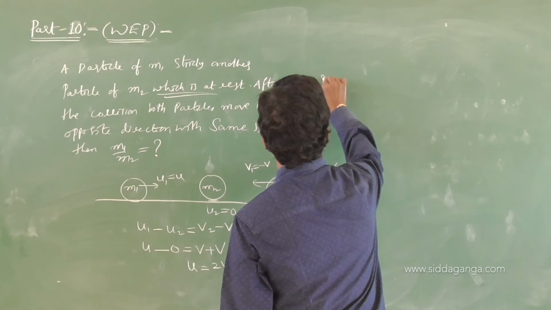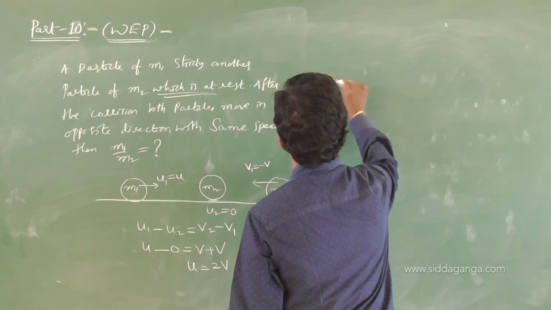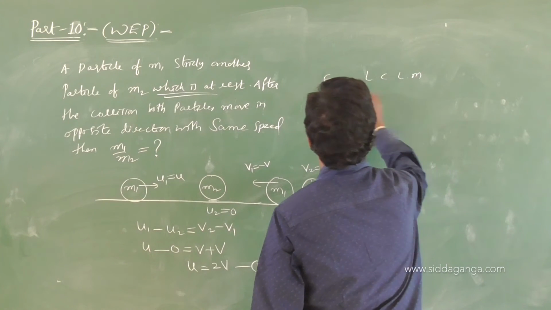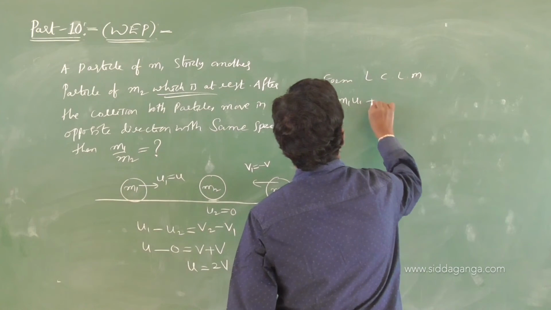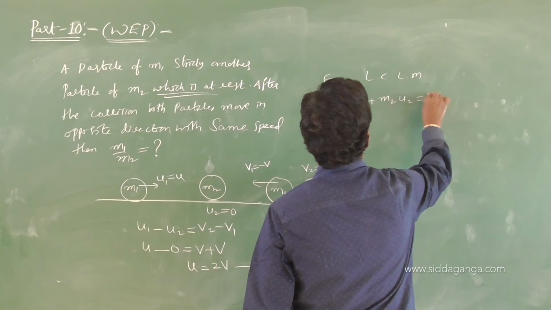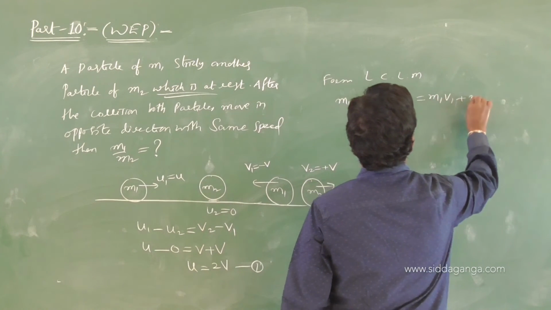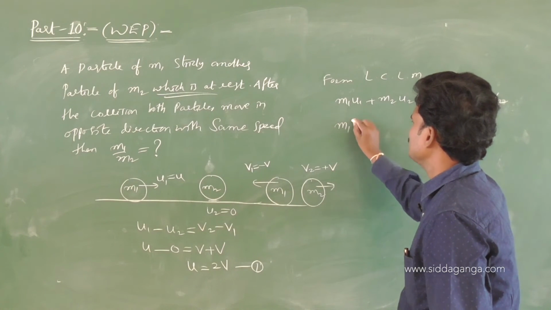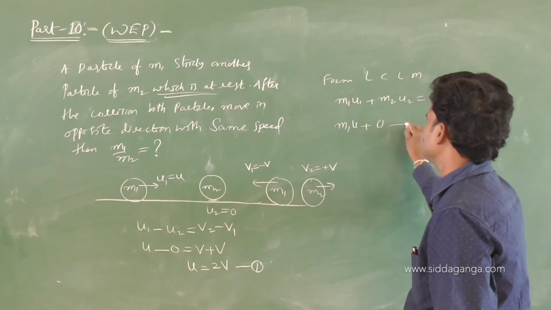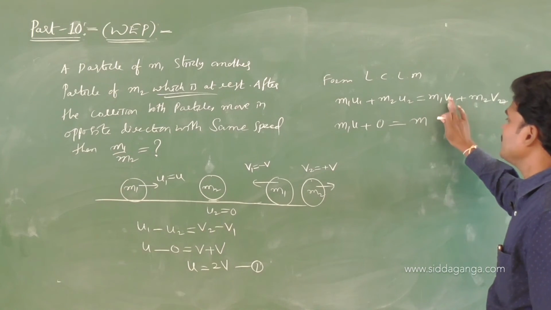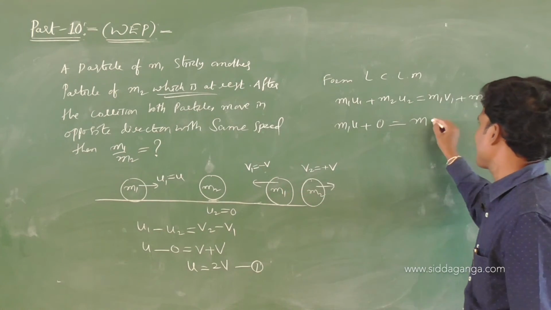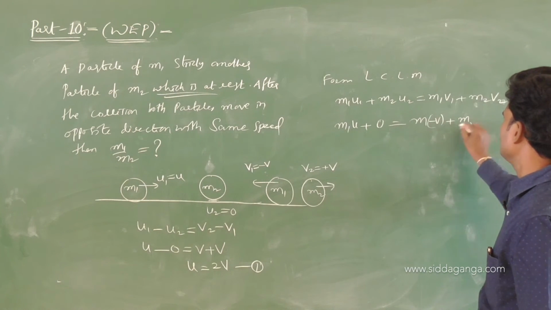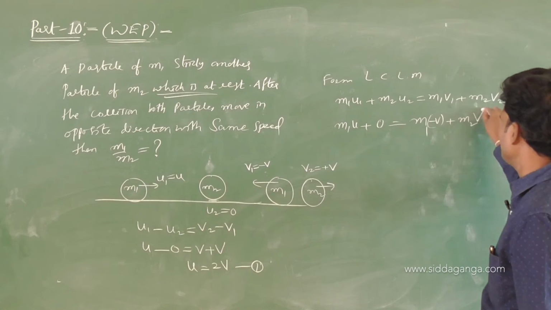Therefore, from the law of conservation of linear momentum, you can use the v1, v2 formulas and you will get the answer. m1 u1 plus m2 u2 is equal to m1 v1 plus m2 v2. u1 is u, u2 is 0, v1 is minus v, plus m2 v2 which is v.